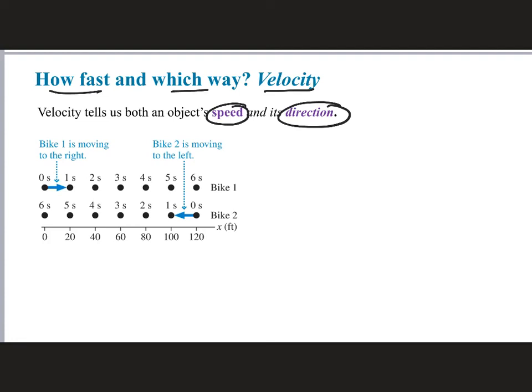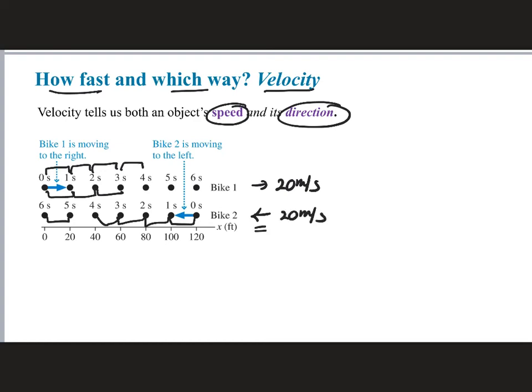So here's an example of a bicycle. Both bicycles, you can see by inspecting them quickly, are traveling 20 meters every second. This one is starting over here and traveling to the left, and this one is starting over here and traveling to the right. They're both traveling 20 meters per second, but bike one is traveling to the right, and bike two is traveling to the left.